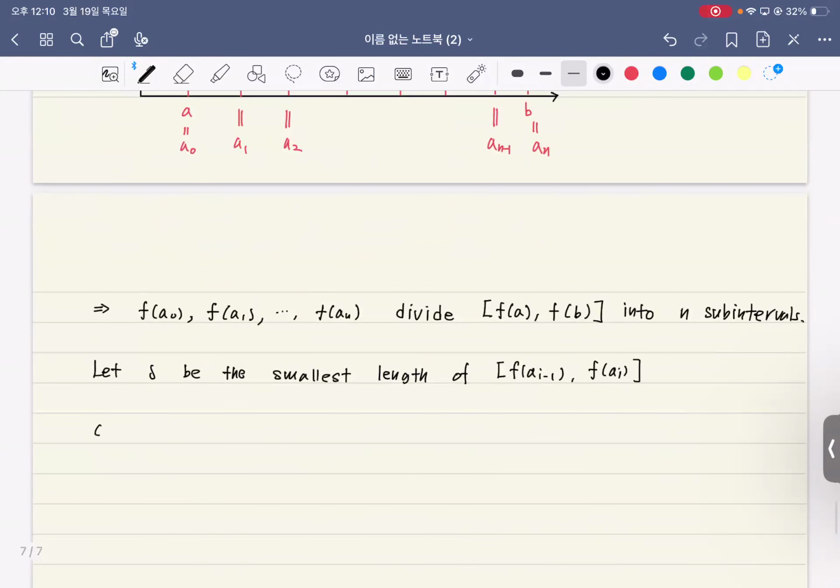Then also let us choose two arbitrary points from the interval [f(a), f(b)] such that the distance between y1 and y2 is less than delta.